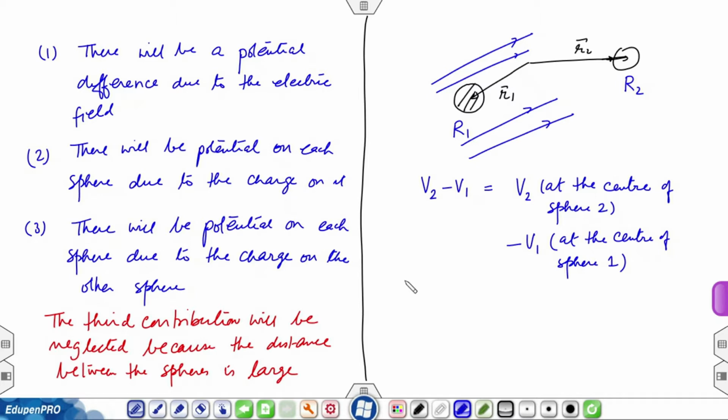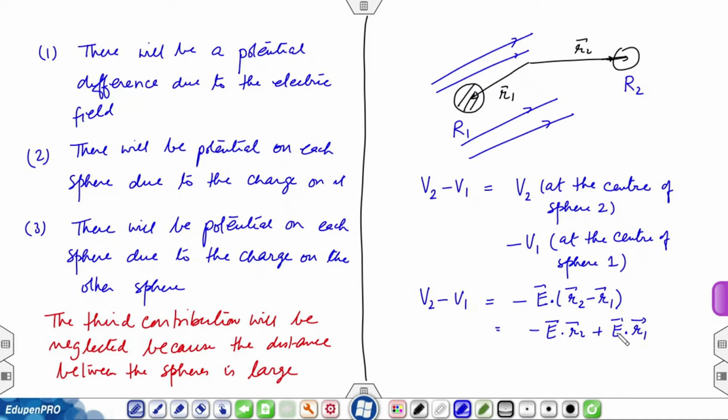So, V2 minus V1 by definition will be equal to minus E dot (R2 minus R1), which is minus E dot R2 plus E dot R1.